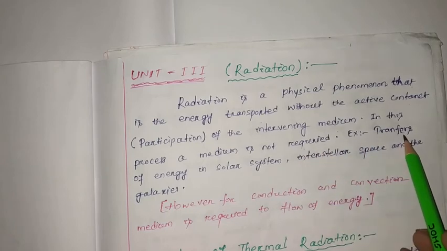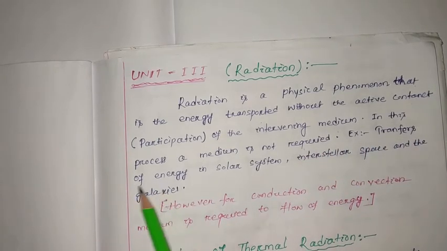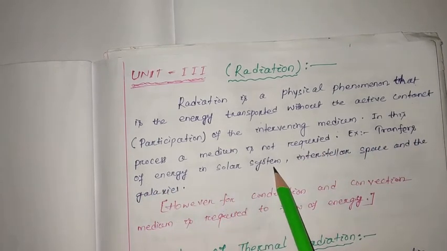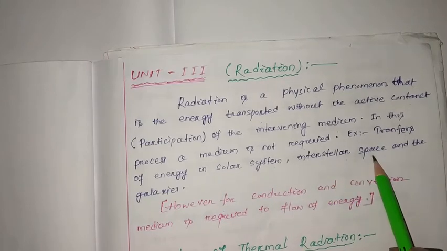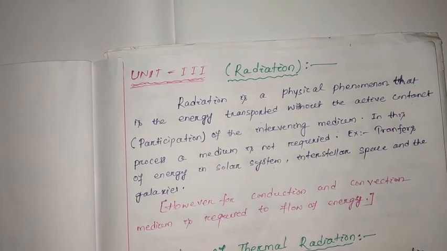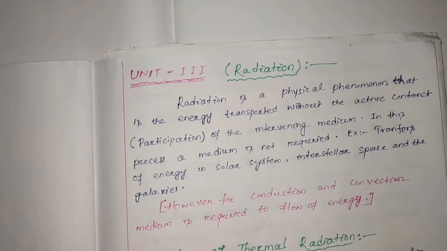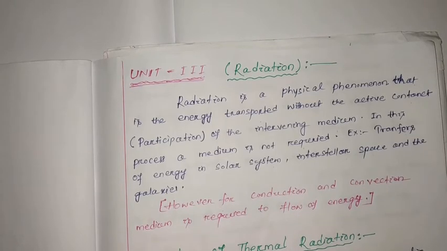Example: the transfer of heat energy in the solar system, interstellar space, and the galaxies. So, to transmit thermal radiation or any kind of radiation, there is no need for a medium. It can be propagated from one point to another without a medium.